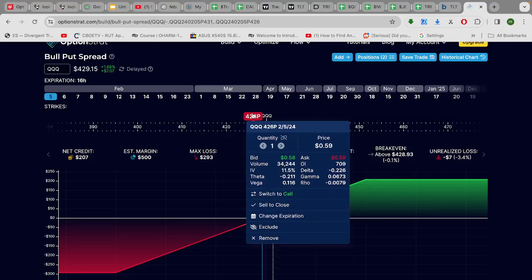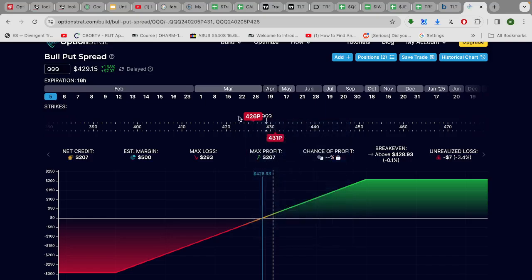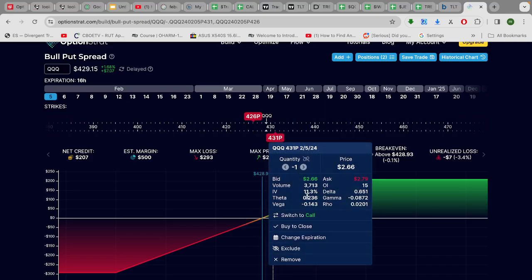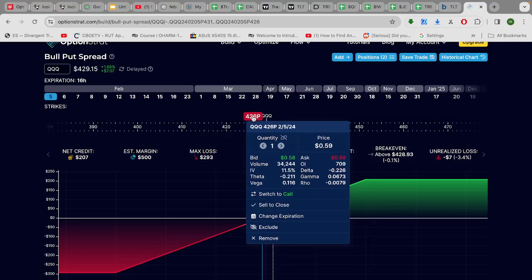When you buy an option, you have negative theta. You're paying theta. So this option right here, if we would have sold it, would have made us $21, but we bought it. So what we're doing is selling an option that makes us $23, and buying an option that costs us $21. So our net theta is only $2.